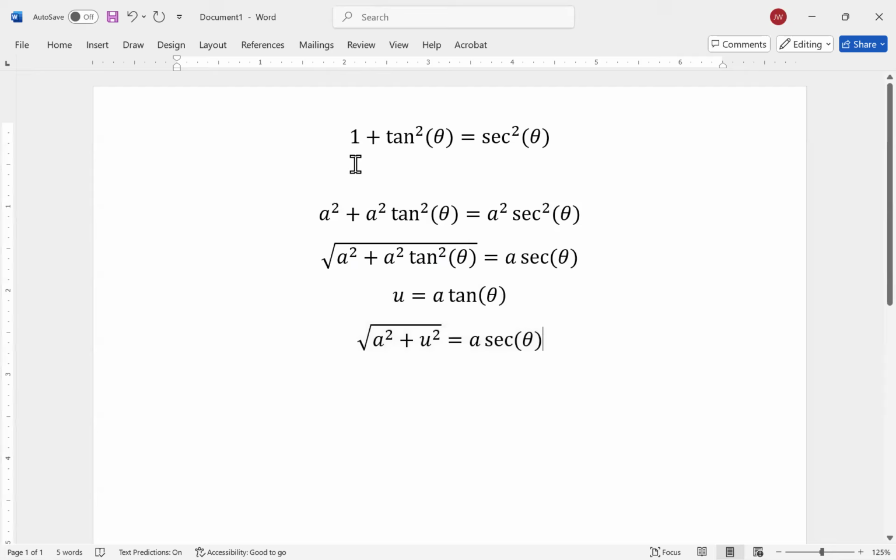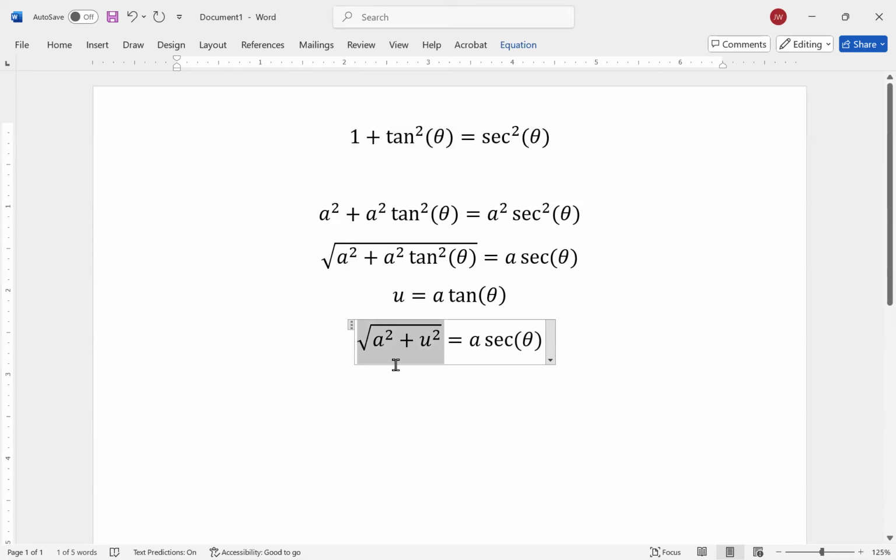And you could imagine if we subtracted 1 from both sides and then did this same process using a square root, that's how we get a tangent is equal to the square root of a squared secant squared, where the secant term is going to be called u. So u squared minus a squared. But just manipulating the 1 plus tangent squared equals secant squared identity can get us one of the options, the a squared plus u squared form.